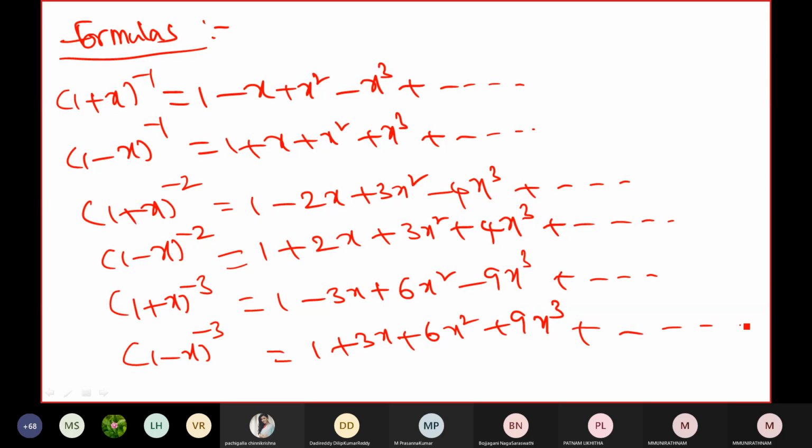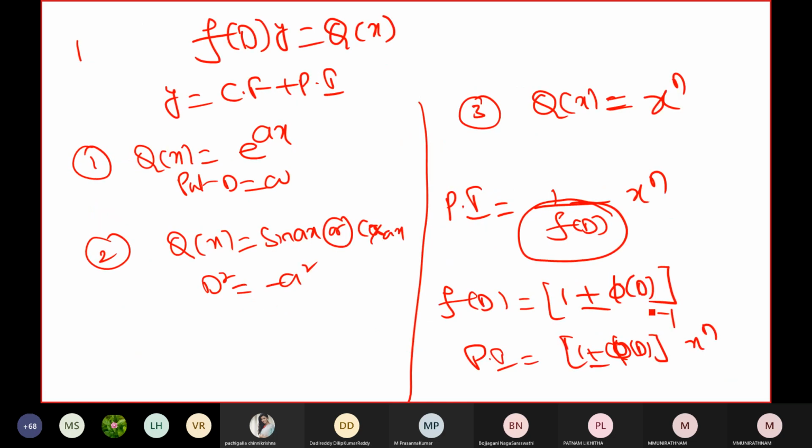So we should expand using one of these formulas. Then we'll evaluate that integral. Actually here, this will be 1 plus phi of d whole power minus 1, or 1 minus phi of d whole power minus 1, or 1 plus phi of d whole power minus 2, and so on.